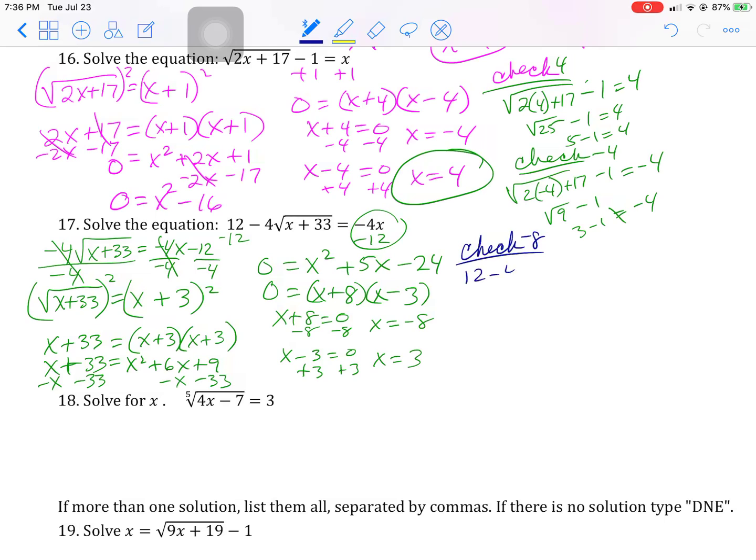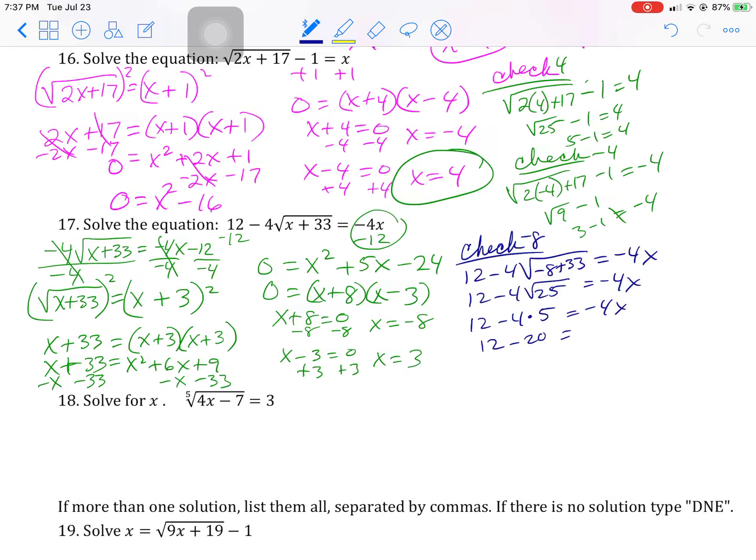So 12 minus 4, square root of negative 8 plus 33 equals negative 4x. 12 minus 4 square root of 33 minus 8 is 25. 12 minus 4 times 5. 12 minus 20.